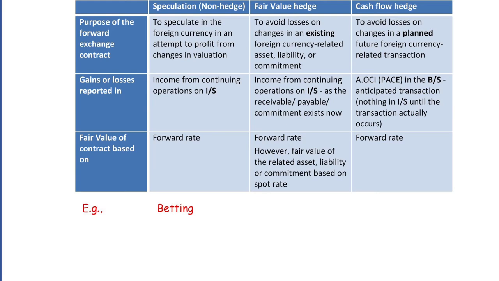Now for fair value hedge, the purpose is to avoid losses on changes in an existing foreign currency related asset, liability or commitment. The gains or losses go to income from continuing operations on the income statement. Now this is because the receivable or the payable or the commitment exists now.